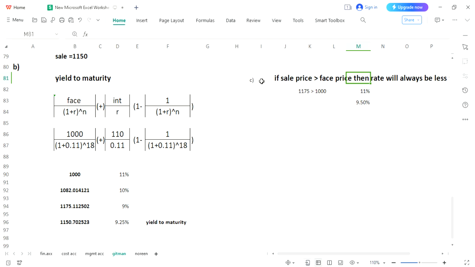If sale price is more than face price, then the rate would be less. It is common sense, because to increase the amount, you have to decrease the rate. Since our sale price is more than face price, it means the amount is more, then the rate should be less. And the rate is proved less. The original coupon rate was 11%, and the required rate has been calculated as 9.5.